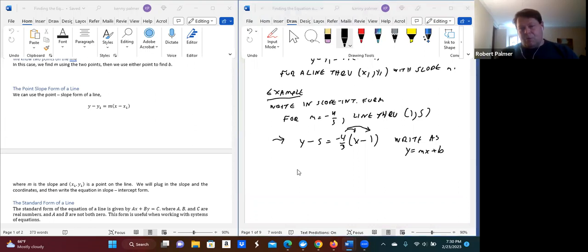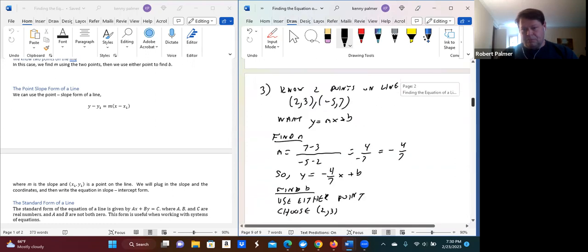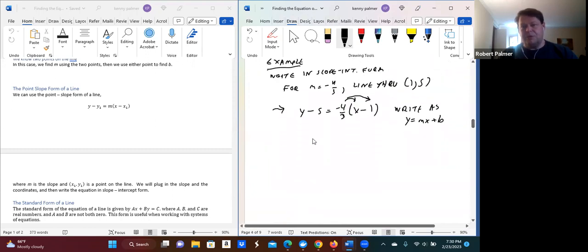So then we have y minus 5 is equal to negative 4/3 x, times negative is positive, plus 4/3.